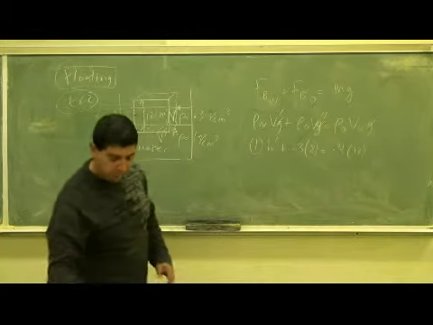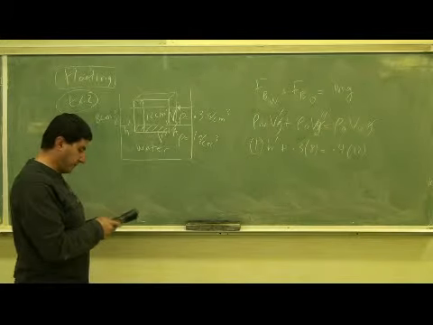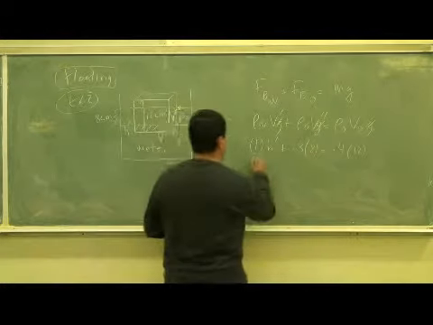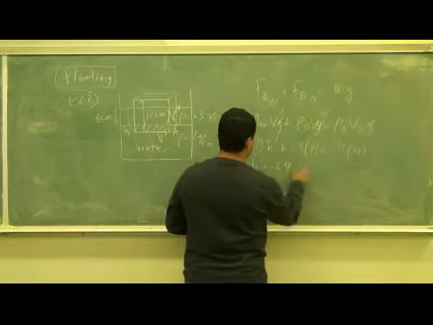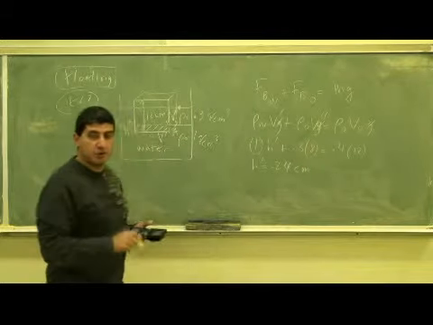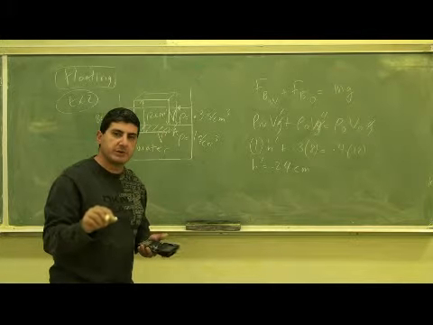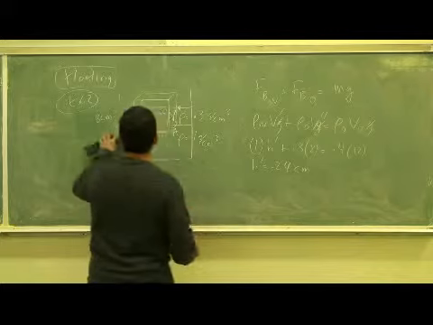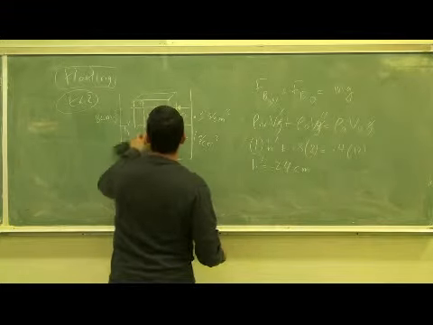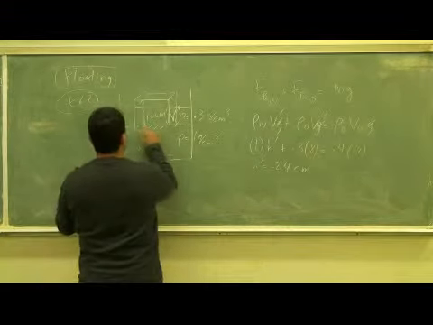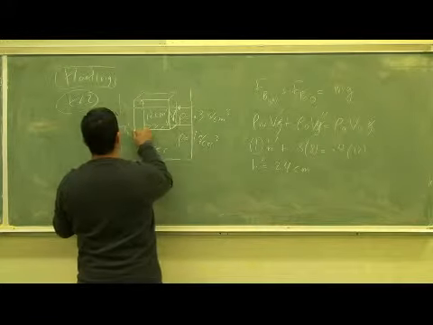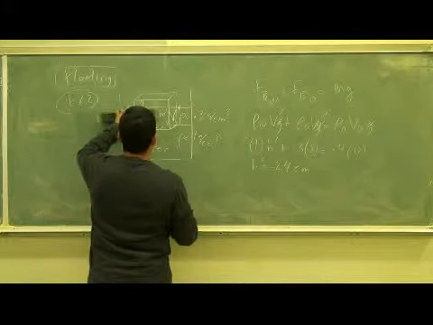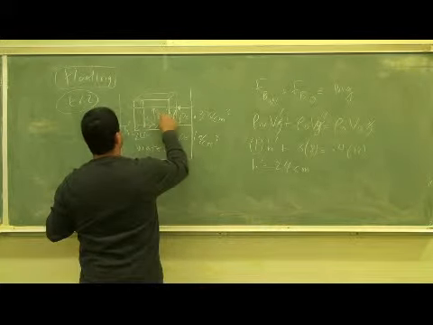So H prime is going to be 0.48 minus 0.24, and H prime is equal to 0.24 centimeters. That's not a lot. It only penetrates 0.24 centimeters into the water. It just barely penetrates inside the water, and of course all 8 centimeters of it is in the oil.